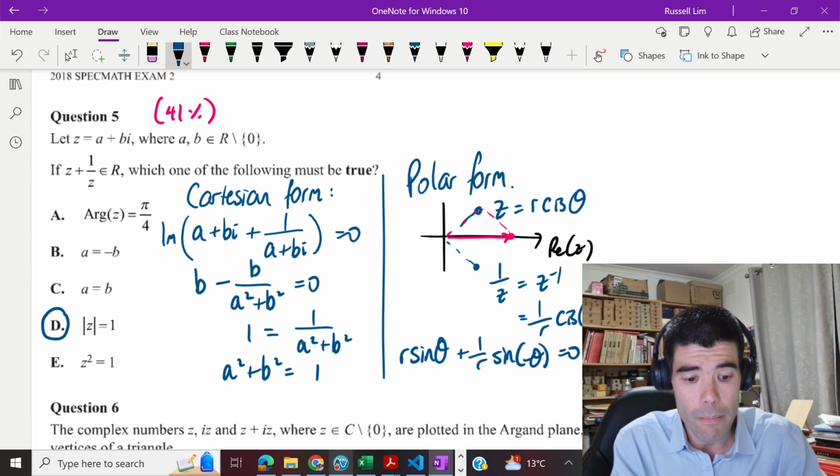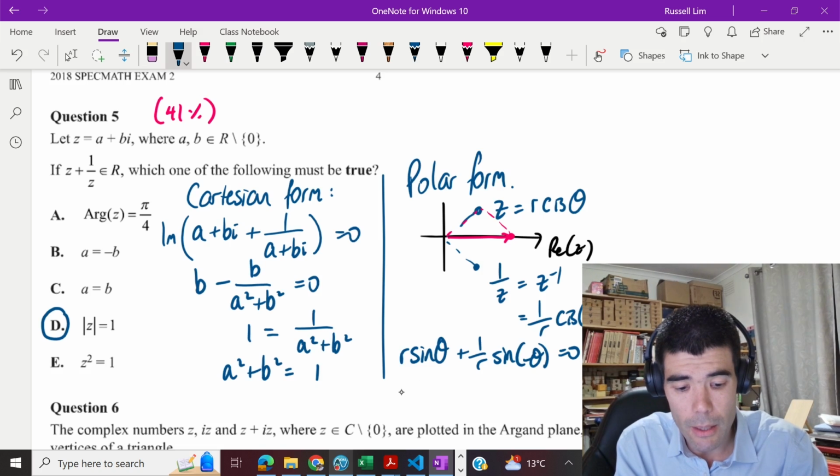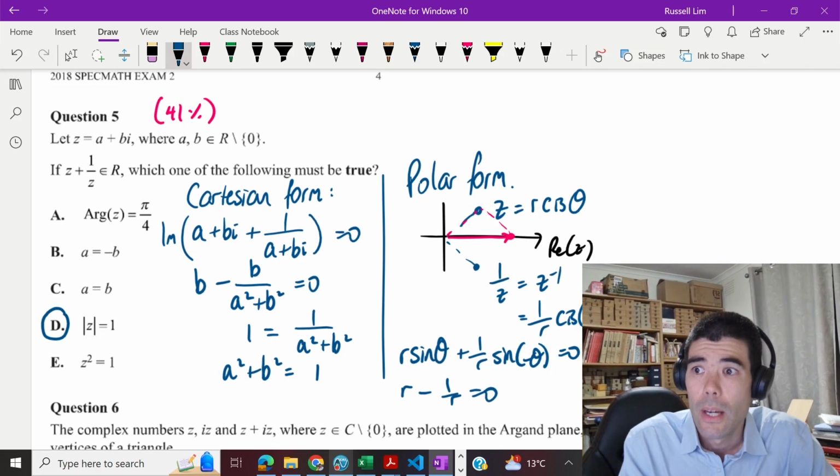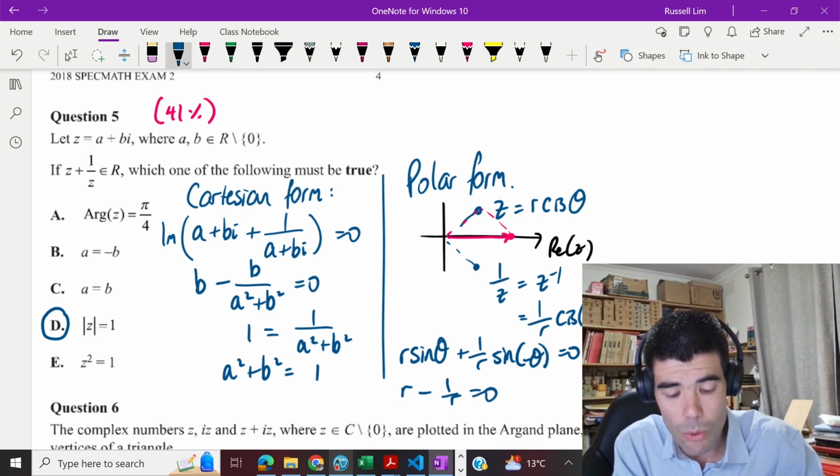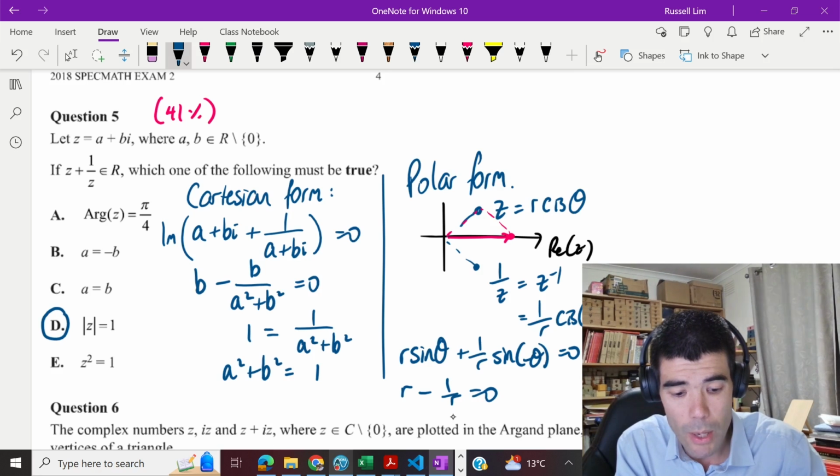Sine of negative theta is negative sine theta, so that would give us r minus 1 on r must equal 0. And we can rearrange that to work out that r must be equal to 1.